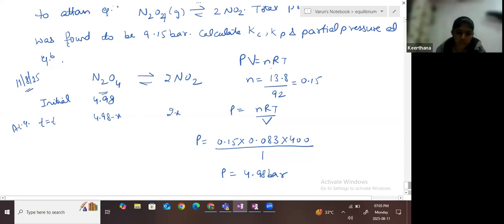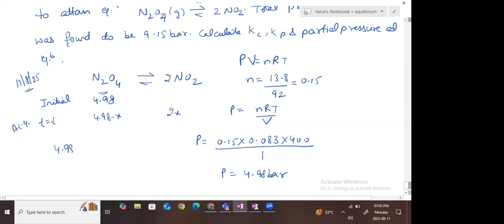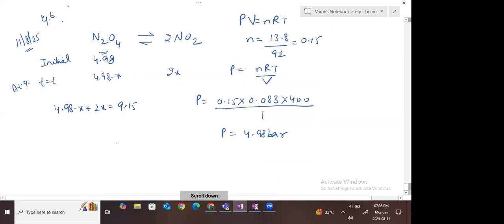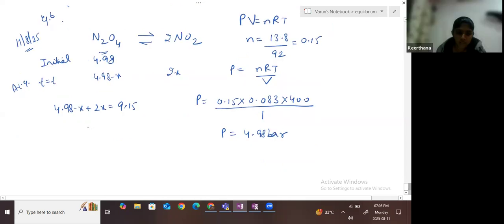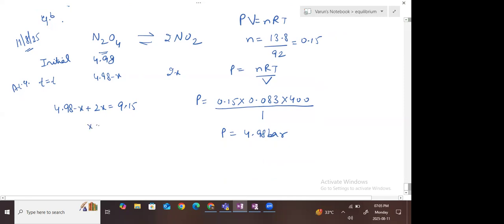Total pressure at equilibrium is 4.98 minus x plus 2x, and it will be equal to 9.15. From here, I get the value of x, that is equal to 4.17 bar. Now I know the pressure of both the ones at equilibrium.